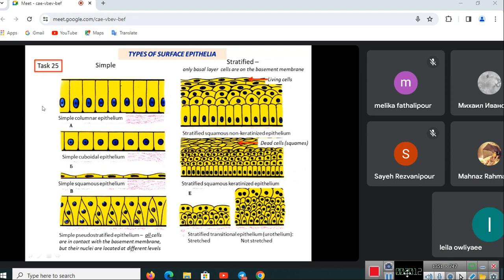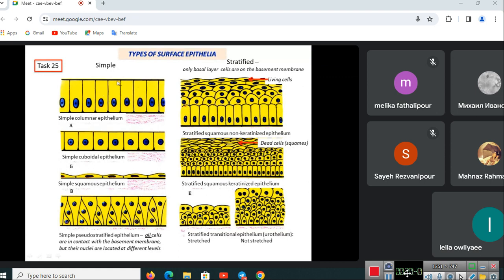And now about the classification of these epithelia. So, simple epithelia are subdivided into columnar, cuboidal, squamous, and pseudostratified epithelia according to the shape of the cells. So, a simple columnar epithelium contains high elongated cells, which are kind of standing upon the basement membrane.